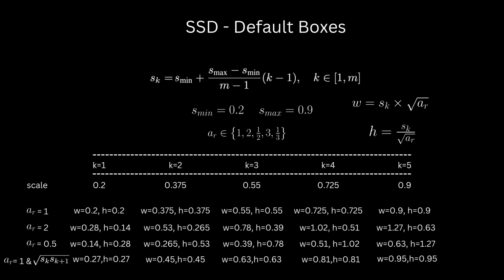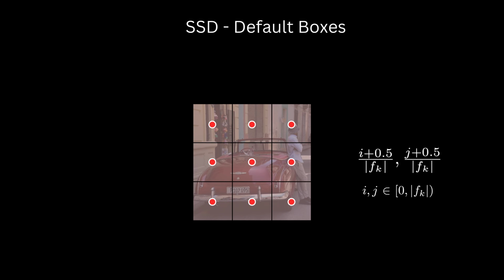Once we have the scale and aspect ratios, then given a feature map, and here say we are working with a 3x3 feature map as an example, the default boxes will have centers as this, where the denominator is just the size of the square feature map, which is 3 here, and i, j will have values of 0, 1 and 2. So effectively these are nothing but the center locations of each of the grid cells.